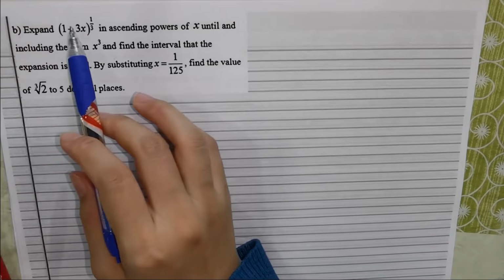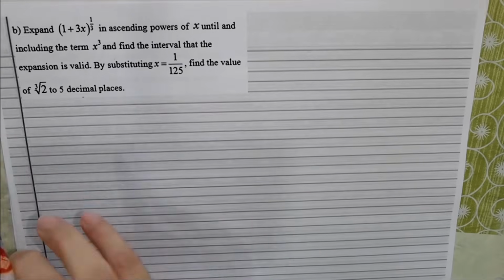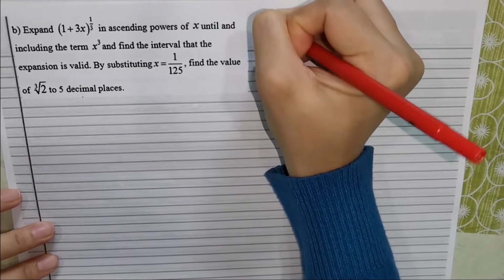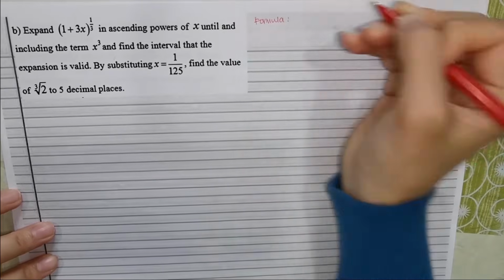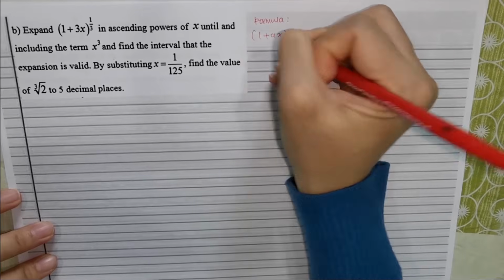Okay, now we have a binomial term with the exponent 1/3, which is a fraction. Then we are going to apply this formula, 1 plus x.